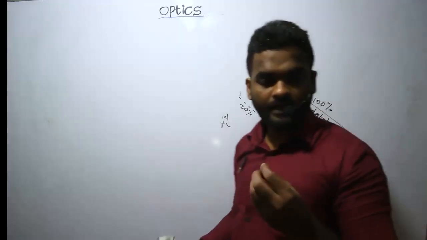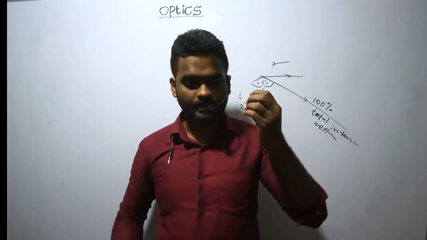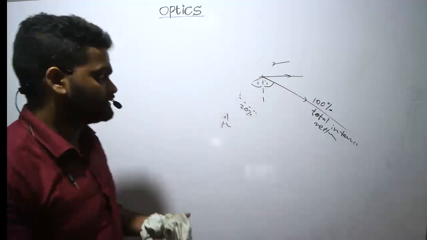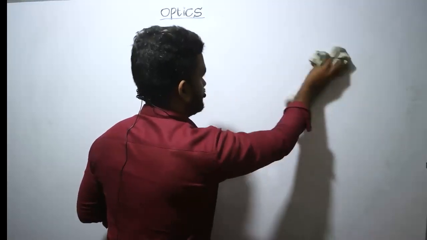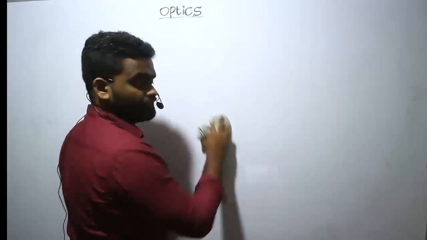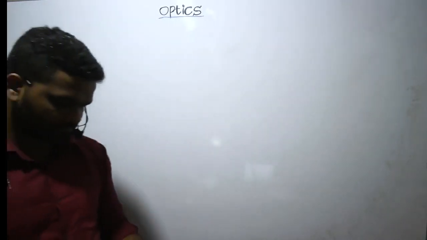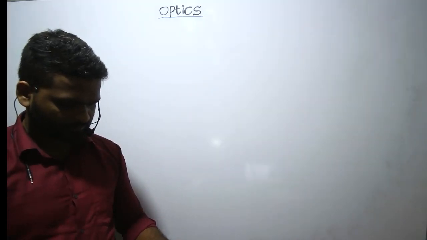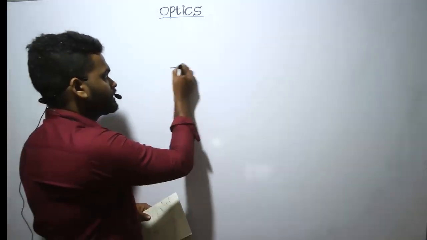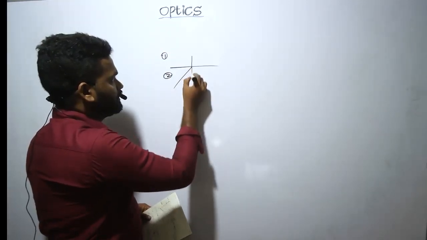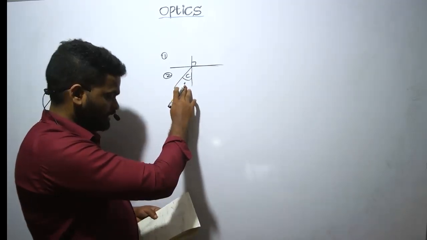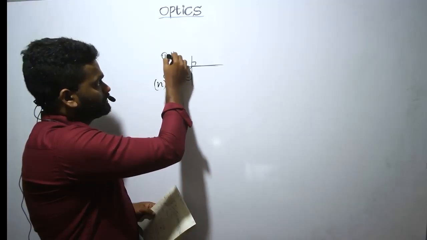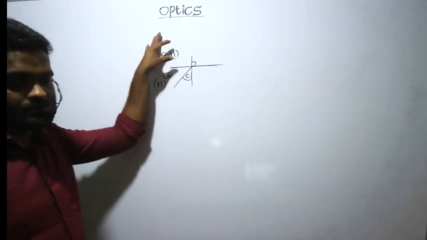Okay. Then we have to talk about critical angle. Write down critical angle, within brackets capital C. So this could be the rare medium, or this could be air.